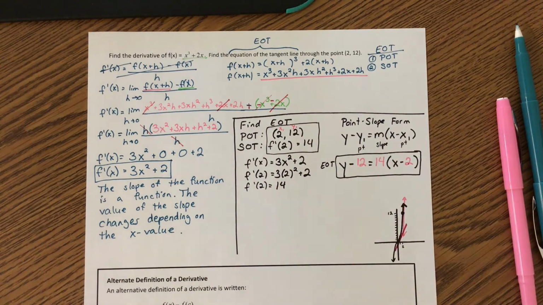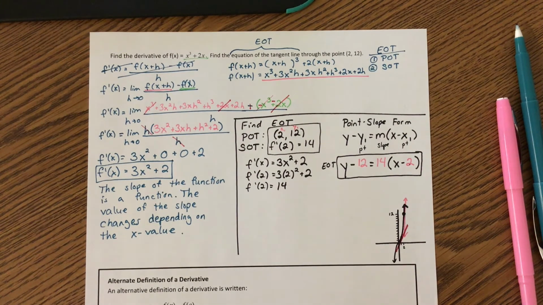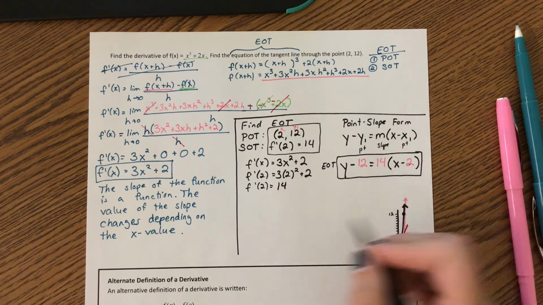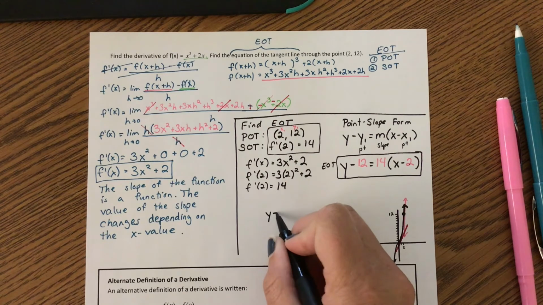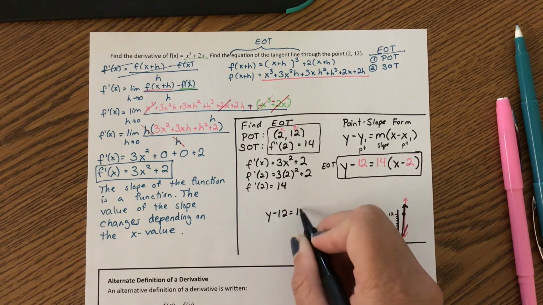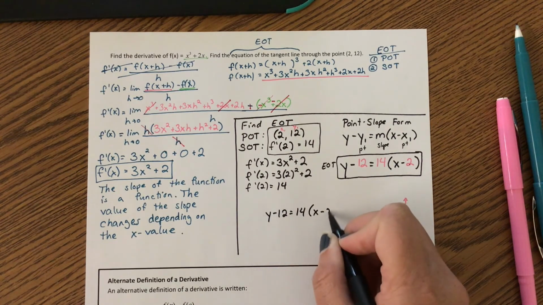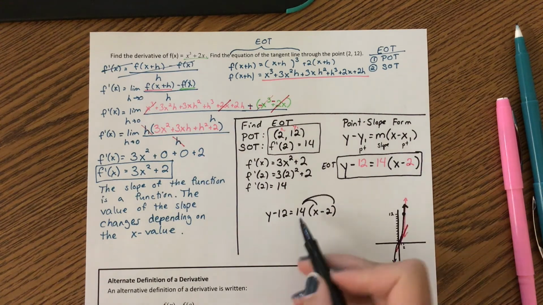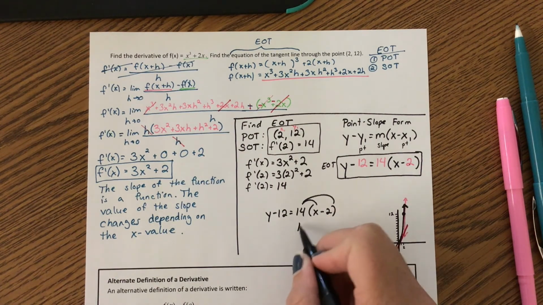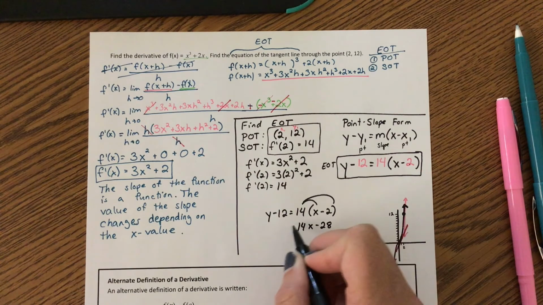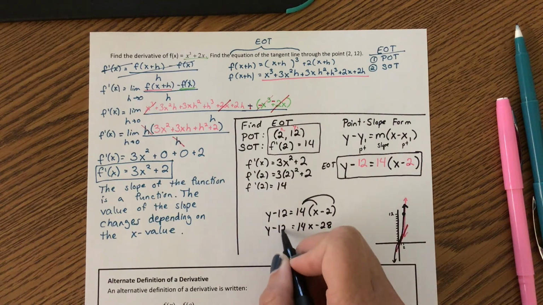We have found it. Now, I know that here early in the semester, you guys are like, that is an ugly equation of a line. You can, if you want, change that into slope-intercept form, and you can do that by distributing your 14. So I just copied. Distribute the 14, so we get 14x minus 28, and on this side, y minus 12.